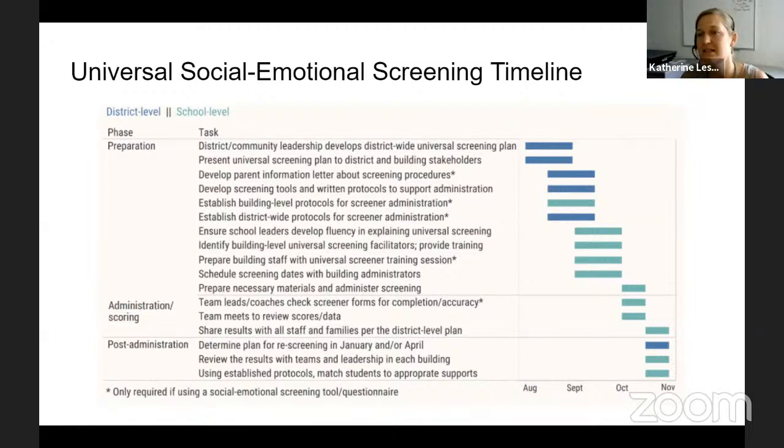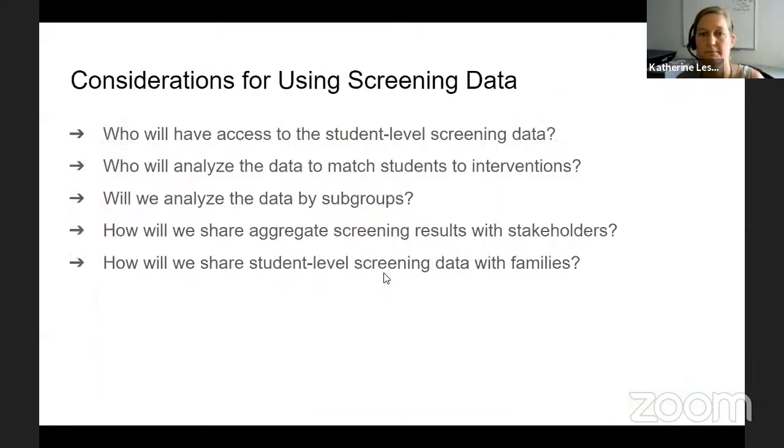That's what the research indicates is really the time that's important. They sometimes call it the October catch when you're thinking about other academic indicators or behavior indicators, because anything before October, you may not have the data or the understanding of students that you need, and anything later than October starts to become difficult to really address the need and connect students to the supports that they require. So consider all of that when you're planning for your social emotional screening.